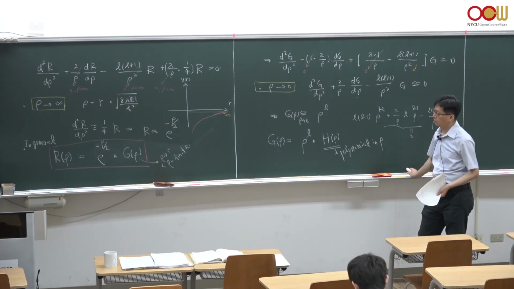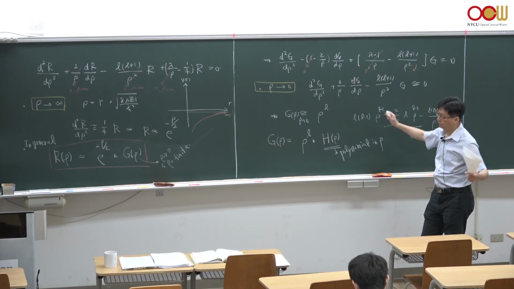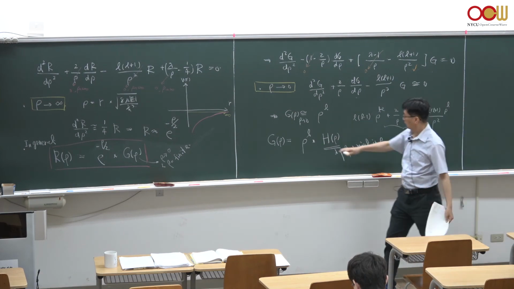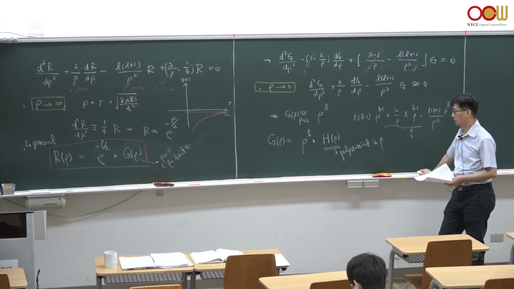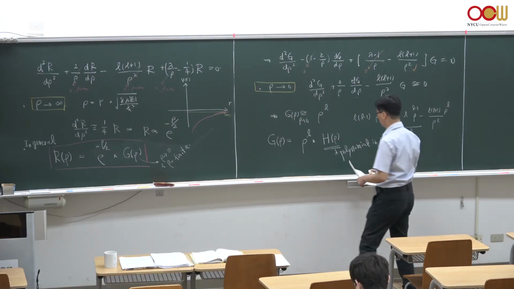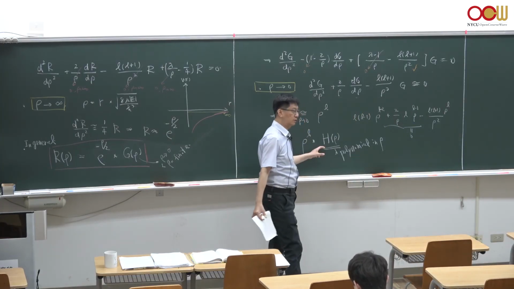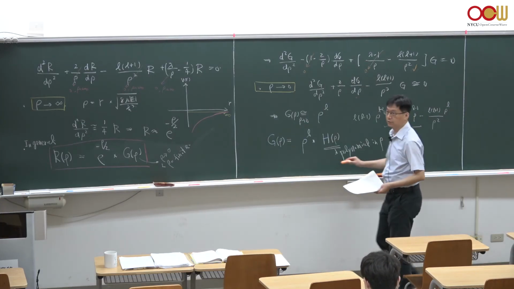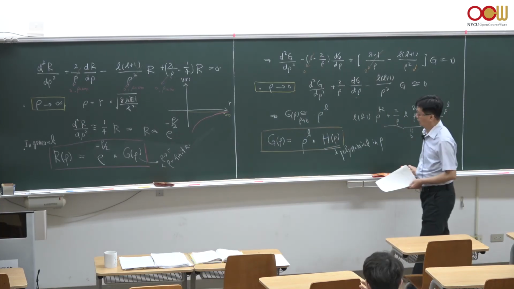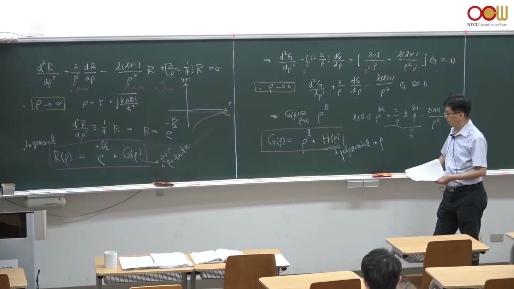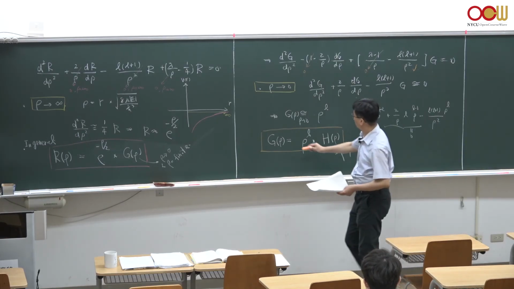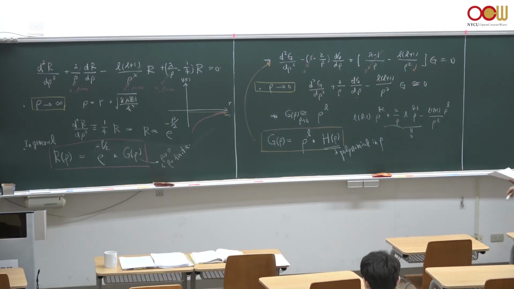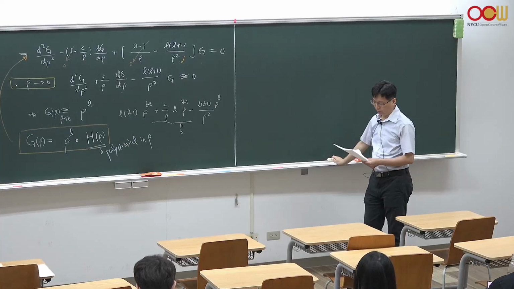We solved the Schrödinger equation for the harmonic oscillator in two extreme limits, when rho goes to 0 and when rho goes to infinity. In a more general parameter regime, we should propose that the general solution has a factor, this polynomial multiplied by rho to the power of L. So we plug in our educated guess back into the Schrödinger equation for capital G, and we look for the equation for this capital H polynomial.